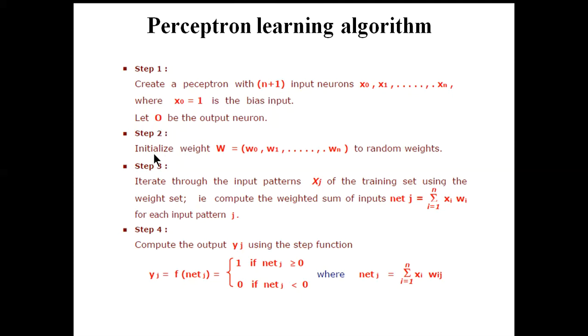Initially, as we don't know the optimal values of the weights, random weights are given. All the values of weight and bias are set to random values, and based on that we get the output of the accumulator section, net j equals the sum for i equal to 1 to n of xi wi. Now for a simple perceptron, we know that the activation function is applied, and if that value is greater than 0 the output is 1, and if it is less than 0 the output is 0.